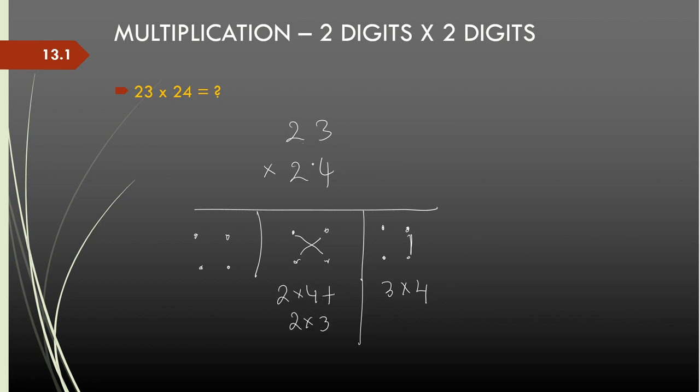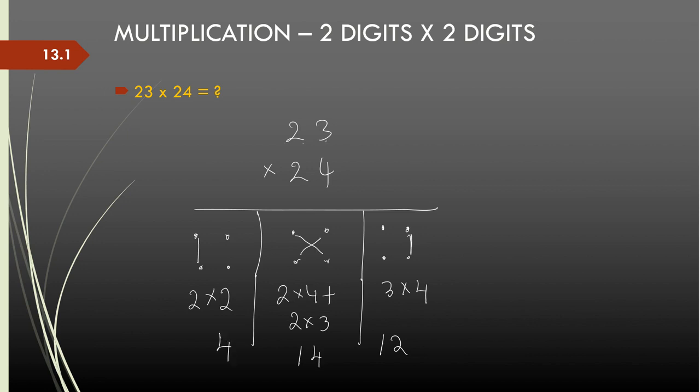So crisscross this way and this way. And the leftmost part is always the product of the leftmost digits, which is 2 times 2 in this case.